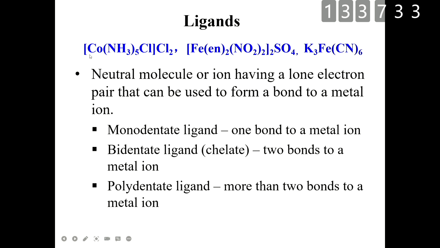So in this case, these 5 neutral molecules and this ion are surrounded, coordinated to the metal. They have lone electron pairs, so they can be used to form a bond to a metal ion. So this bond is called a coordination bond.